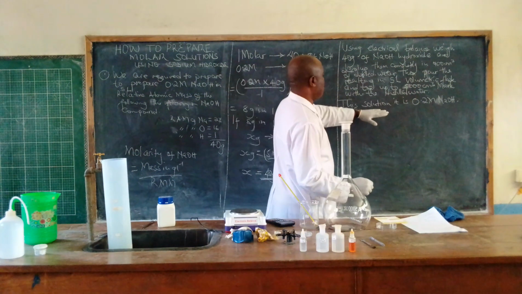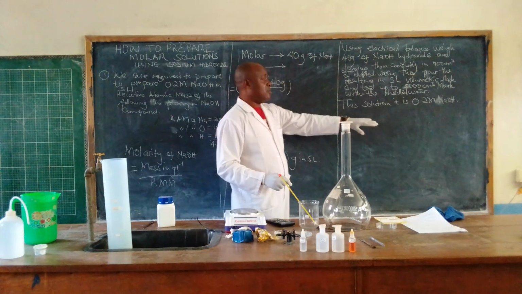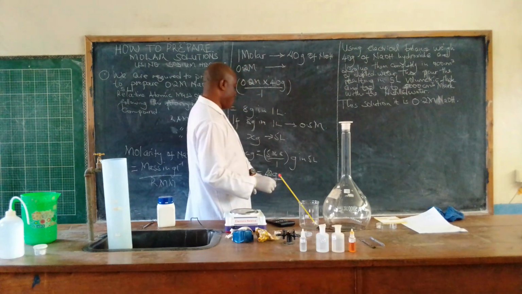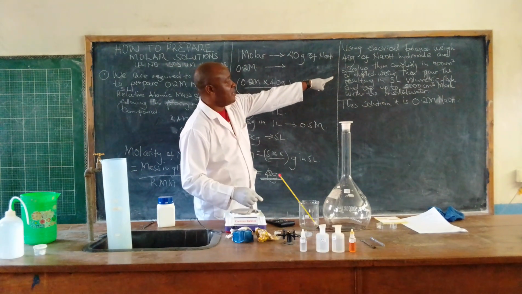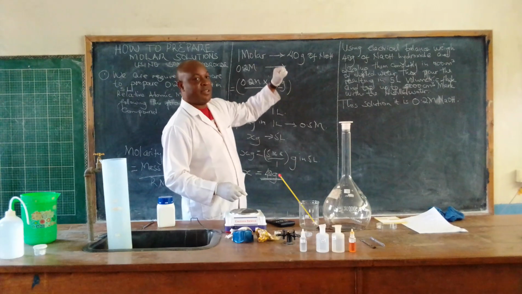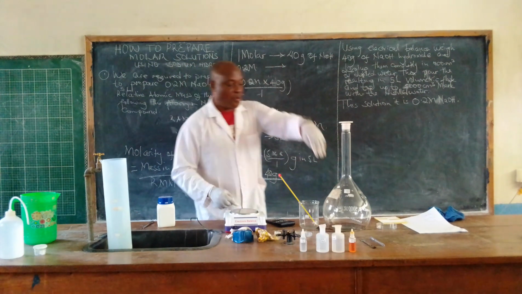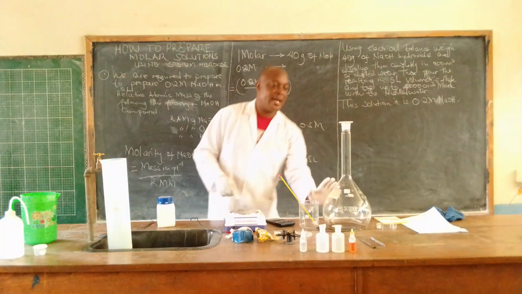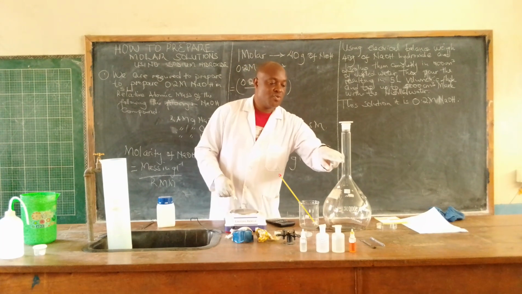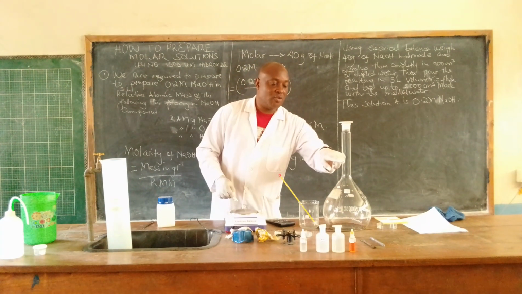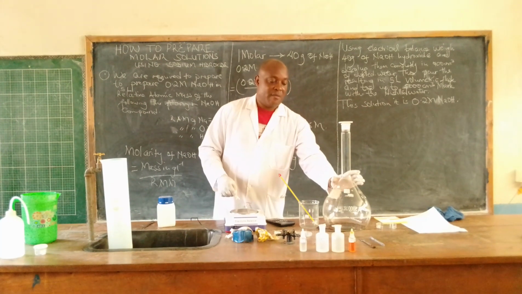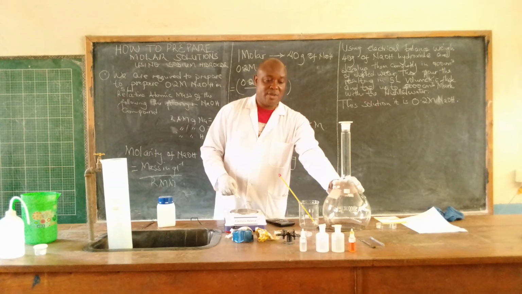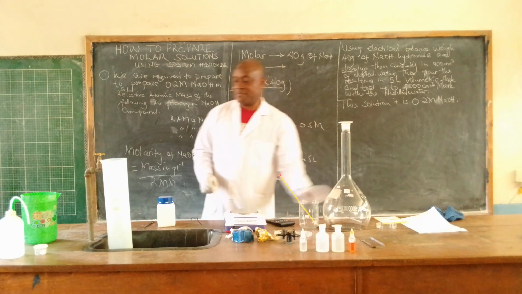Now, this is our calculation. We have seen that we are supposed to weigh 40 grams, and then dissolve into 700 cubic centimeters of distilled water, and then the resulting solution is poured into the volumetric flask, and then we top up to the 5,000 cubic centimeter mark. The solution is going to be 0.2 molar sodium hydroxide. So let us do that.